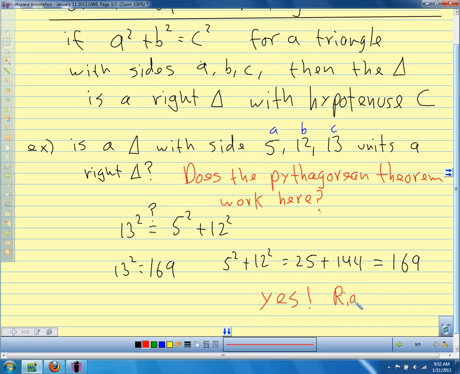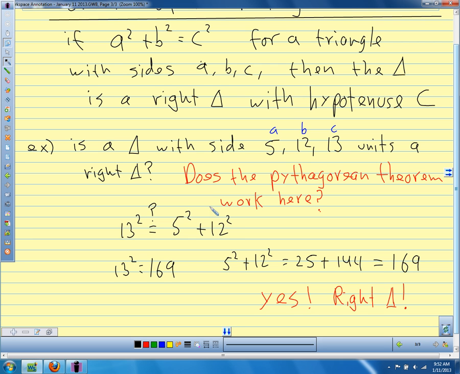This is a right triangle. If they were not equal, we would say no, it is not a right triangle. They have to be equal for it to be a right triangle. So that's how the converse of the Pythagorean theorem works. If we know that a squared plus b squared equals c squared works, that guarantees us that the triangle is a right triangle.